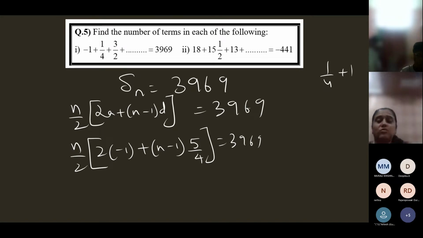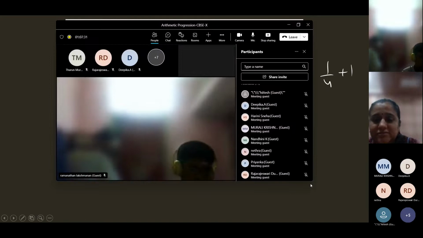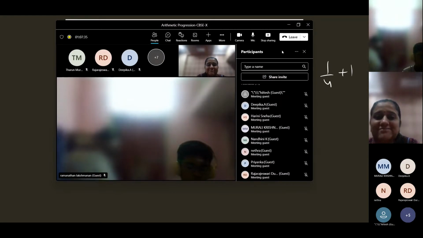I want the quadratic equation. Work in progress.